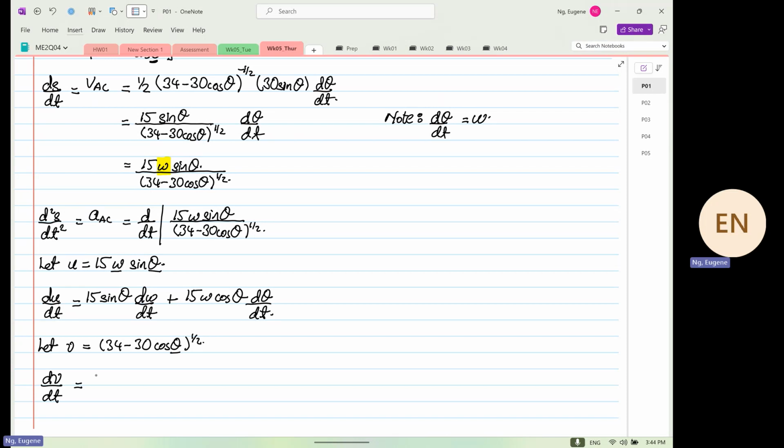Okay, so this will be equal to half, 34 minus 30 cos theta power of minus half again. Okay, and then we have to have a bracket. So we have minus cos theta change to 30 sine theta, multiplied by d theta over dt.